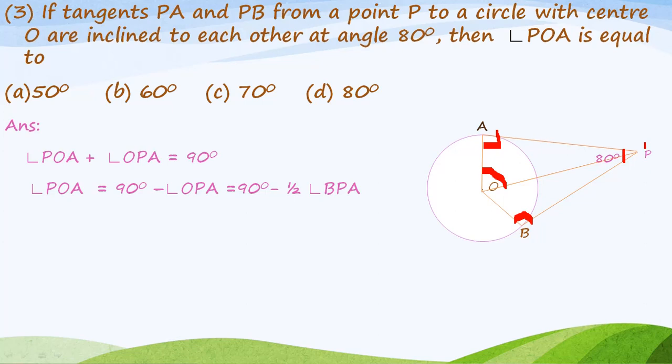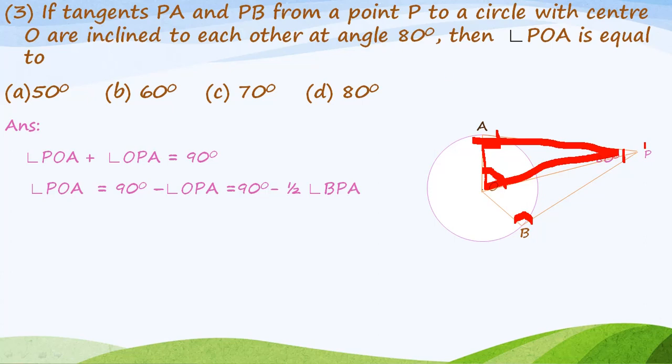We know that it can be solved by two methods. The first method is POA. This is a triangle. The sum of three angles in a triangle is equal to 180 degrees.